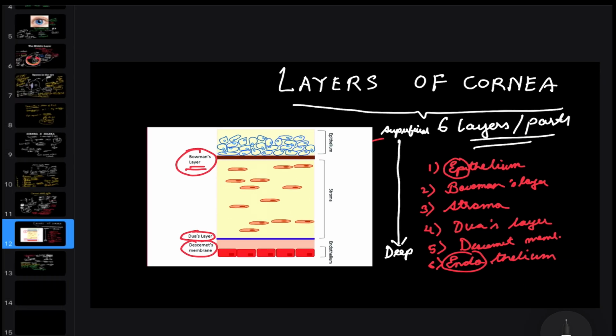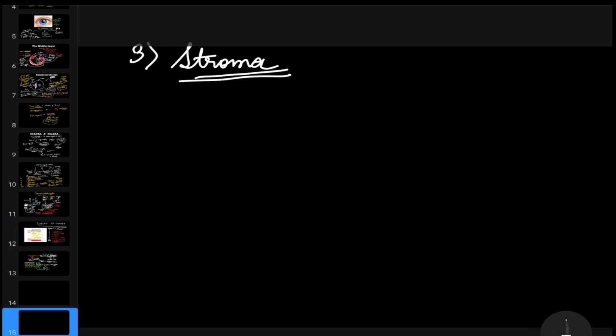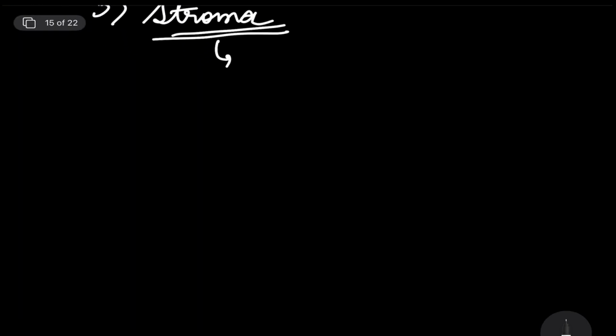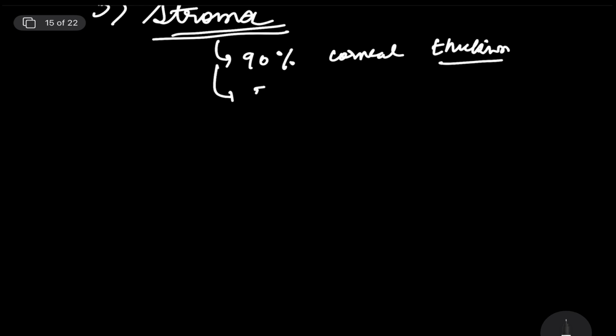Okay, so let's go back to our slide over here. Stroma is basically nothing but the 90% contributor to the corneal thickness. Okay, now what is the stroma made up of? Well, the stroma is made up of something very, very important, type 1 collagen.